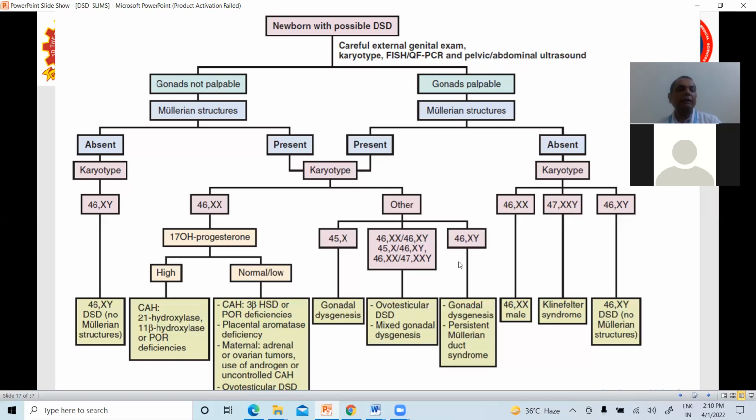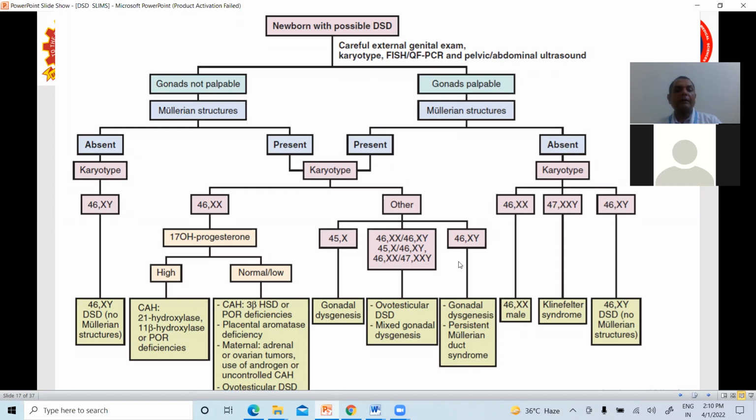So you will get the value in thousands, not a slightly or borderline range. If your lab is giving a borderline high value, it is not indicative of CAH. In CAH, the value of 17 OHP will be sky high. So you should be aware of this.